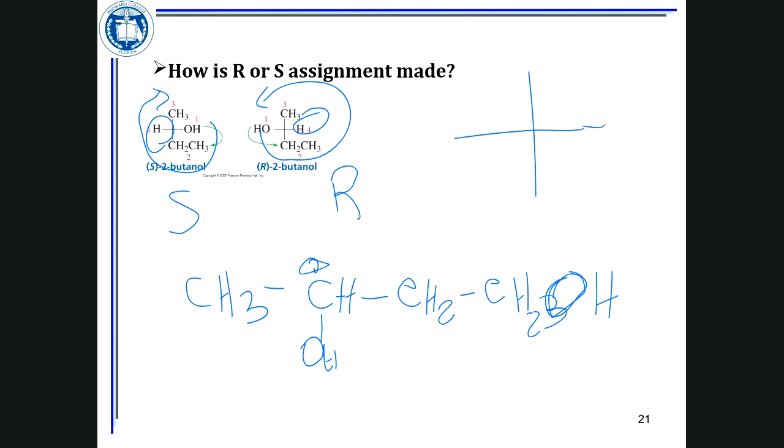A vertical line is going to be carbon chain. Horizontal line is going to be the other groups. So we have H and OH. So which group should be written on top? Which group should be written in the bottom?